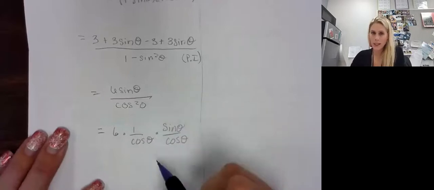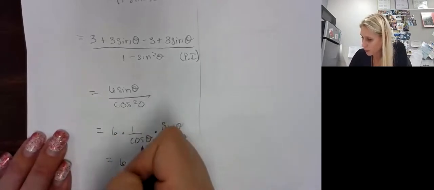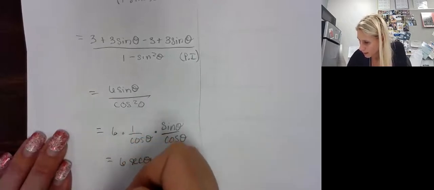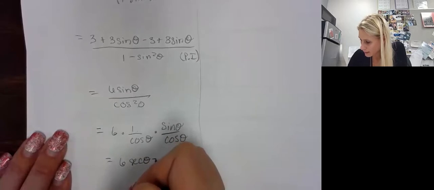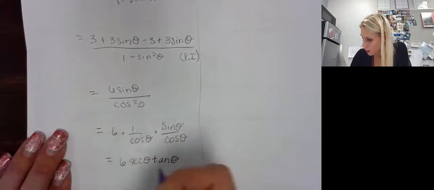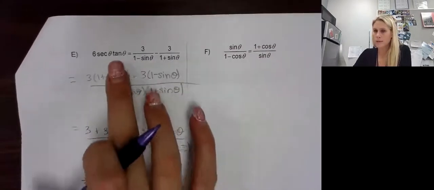I'm just breaking that up. And if you see, this is where we get our 6. 1 over cosine is secant theta. And sine over cosine is tangent theta. What do you know? We got our proof.